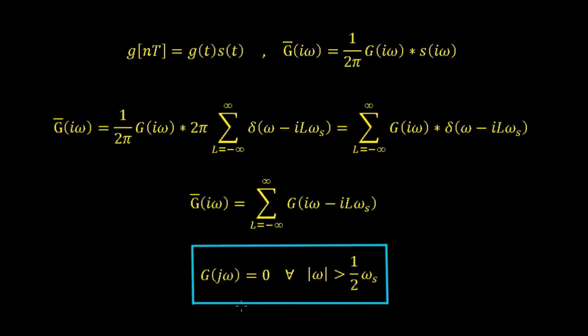And we'll go on to this in the next video, but we did mention that in order to prevent aliasing, what we have to make sure is that the original function g of i omega is going to be equal to 0. That is, in effect, it's going to be band limited for all frequencies that are greater than half of omega s.